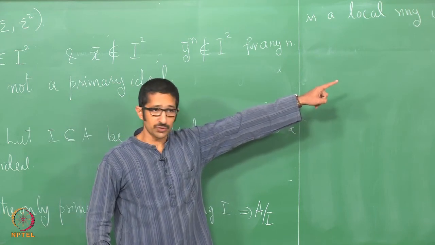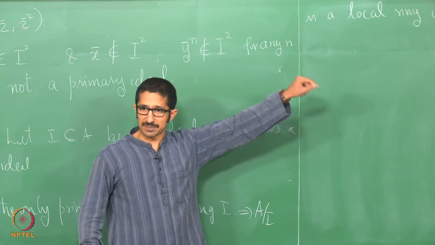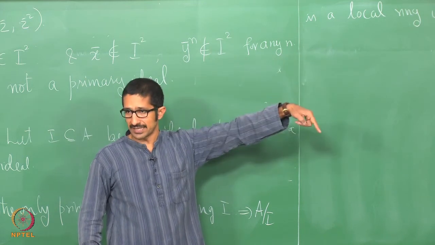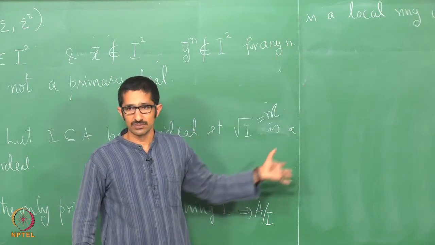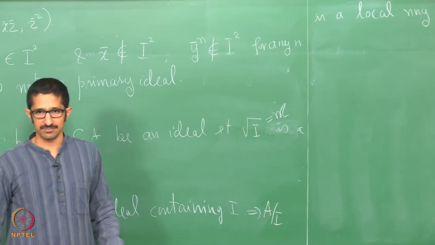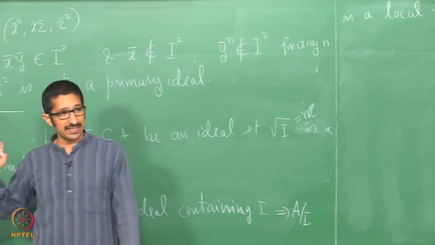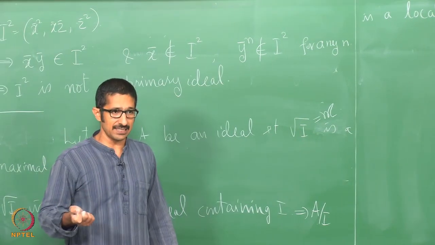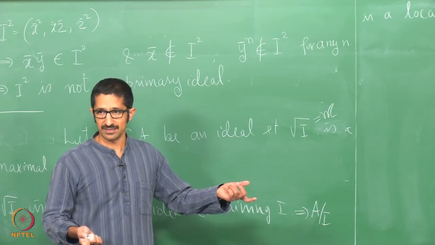x bar belongs to M, which is the radical of I. So, that means some power of that belongs to I, which means x bar power n is 0. That means every non-unit is nilpotent. Now, the equivalent statement for primary ideal says that every 0 divisor is nilpotent.